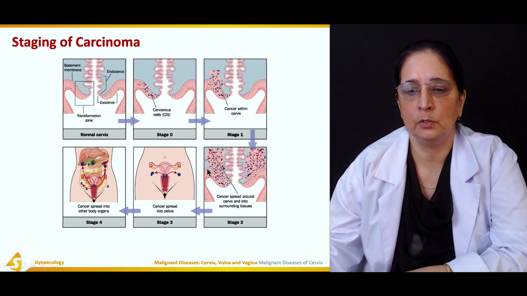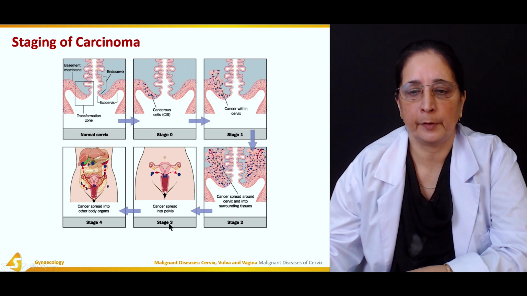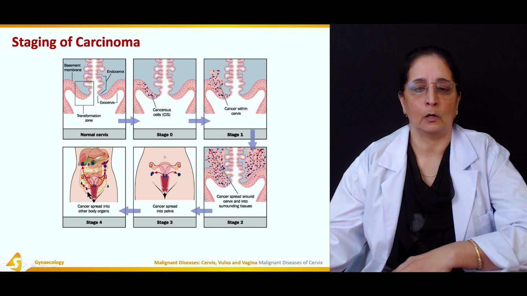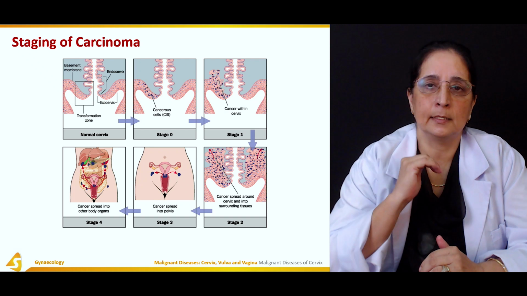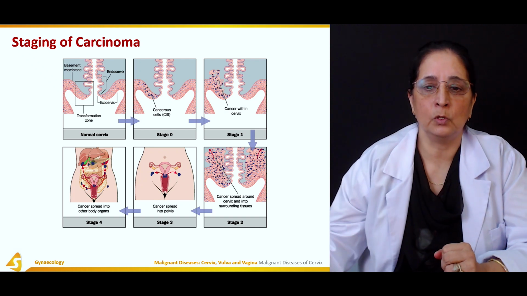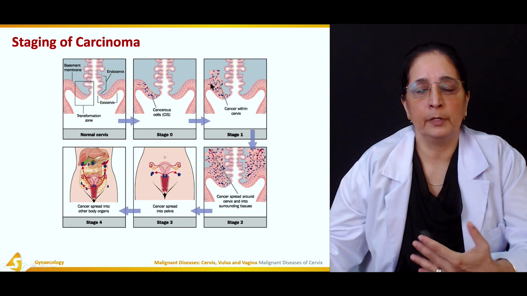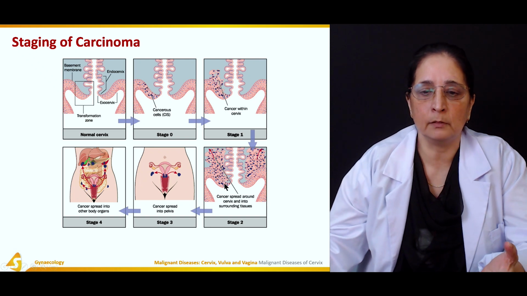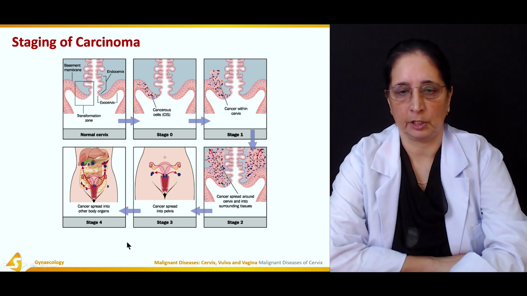Stage 3, cancer spreads into the pelvis. And then in stage 4, cancer spreads to other body organs. So in staging of the cancer, it starts in the transformation zone, which is stage 0, and then it goes within the cervix, then to the area around the cervix, into the pelvis, and into the surrounding structures.